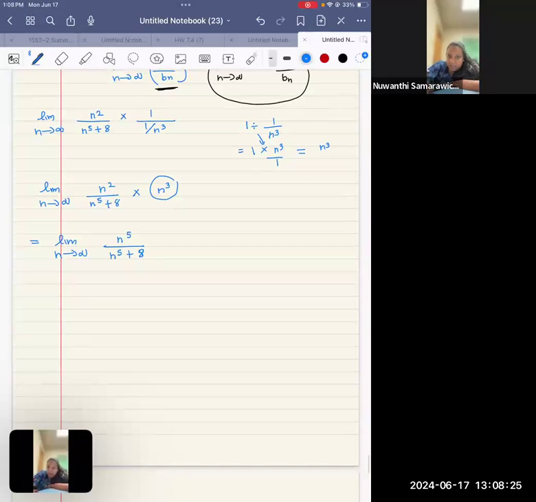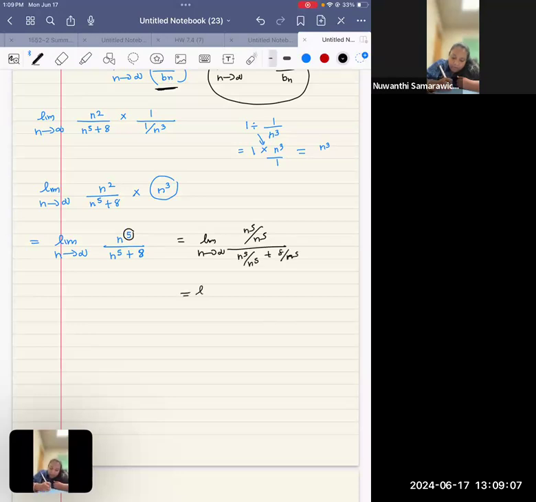So now this is your limit knowledge. What can we do here? How are we going to solve this? Yes, we can divide everything by n to the power 5, because this is the highest power.